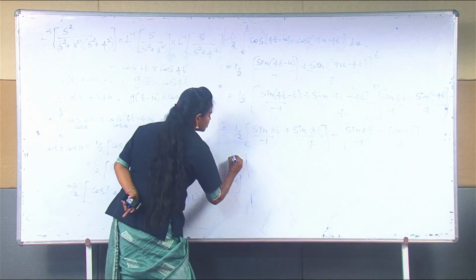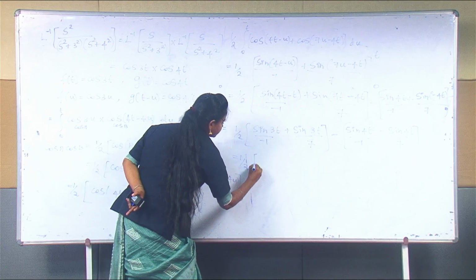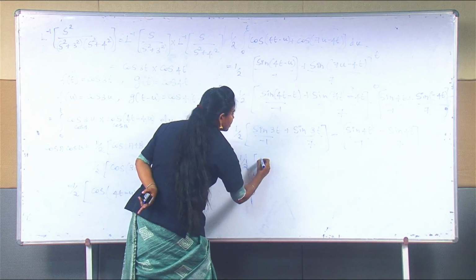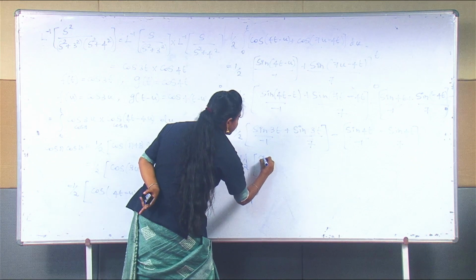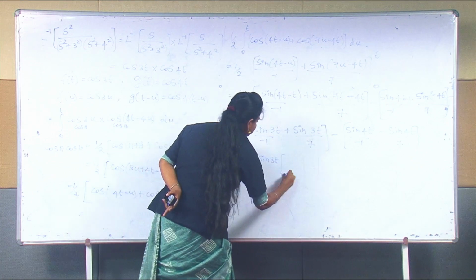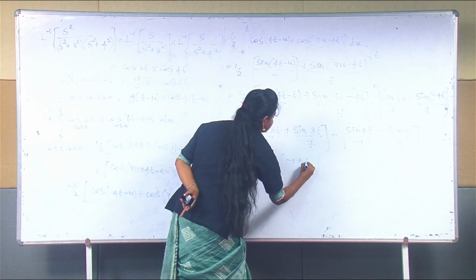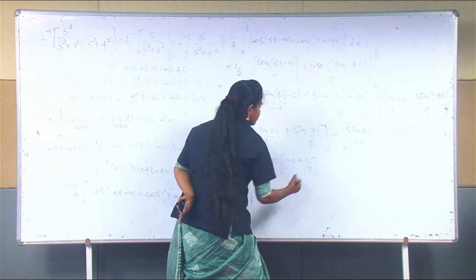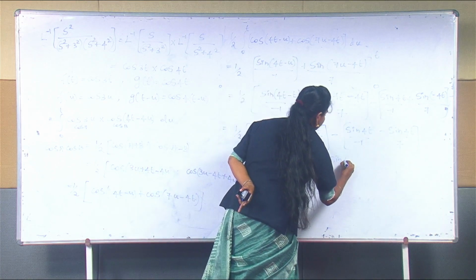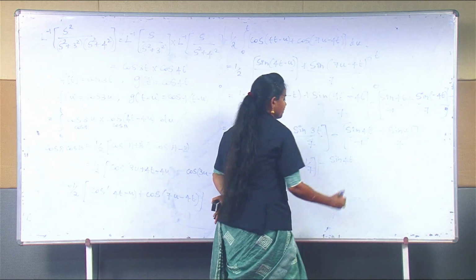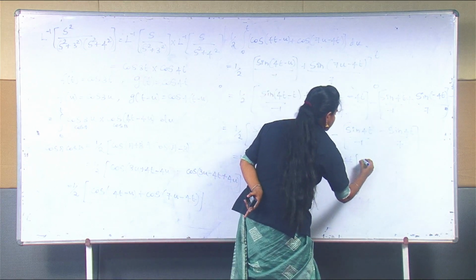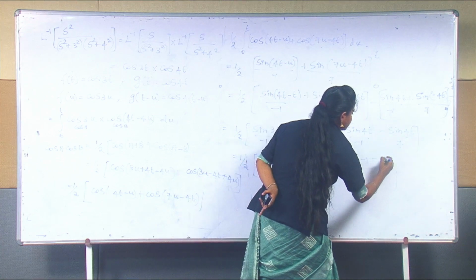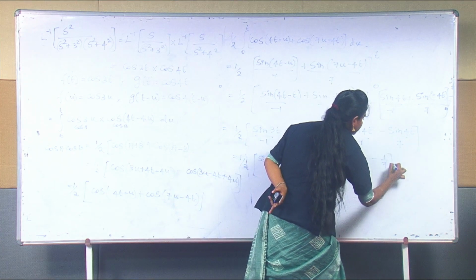So we are going to take both the things common. Sine 3t into minus 1 plus 1 by 7, and sine 4t into minus 1 minus 1 by 7.